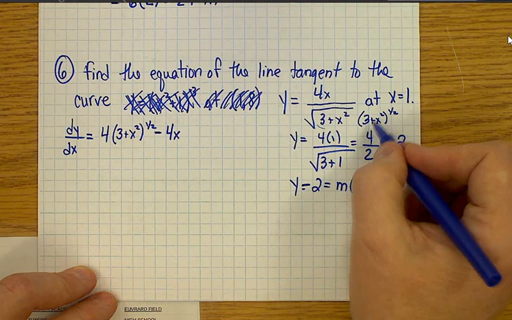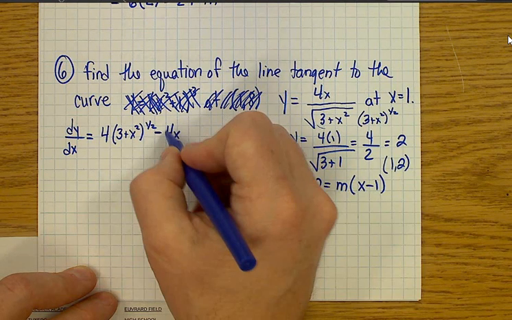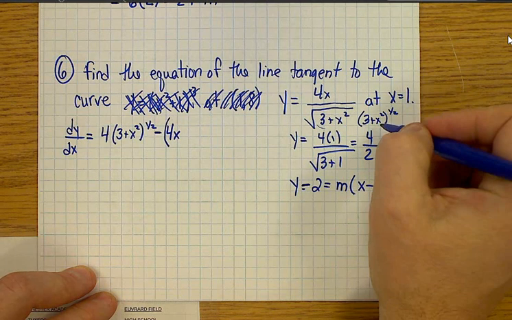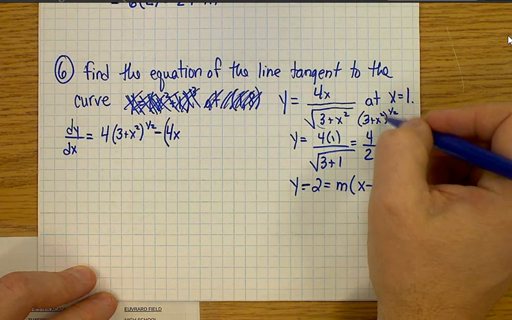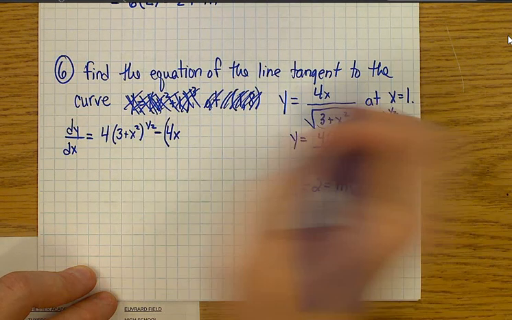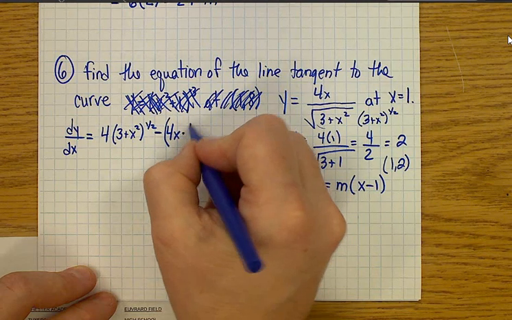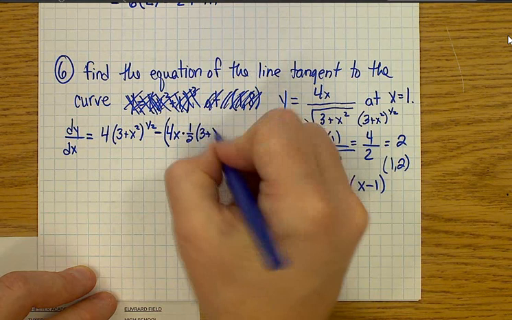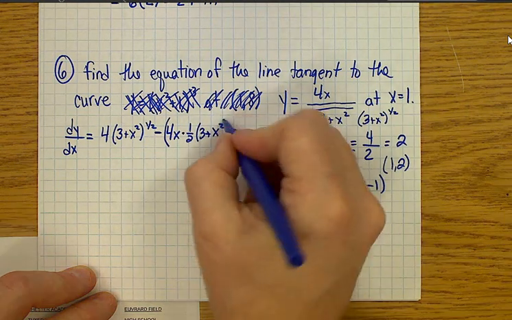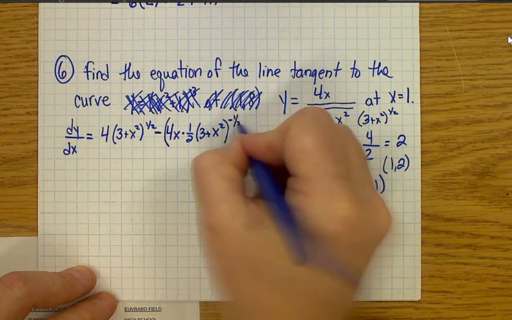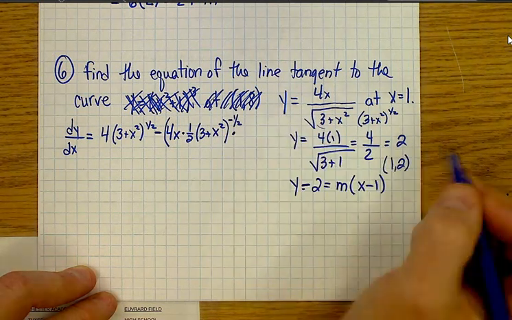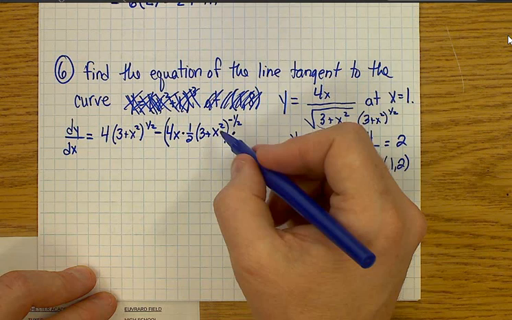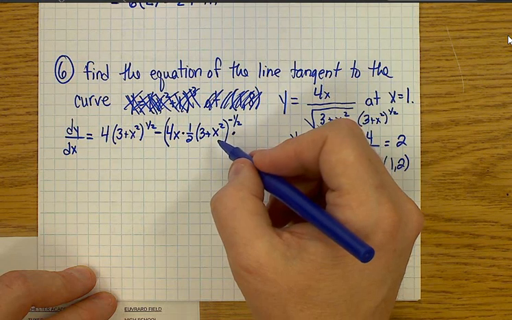This is where it becomes complicated. So it's minus, and I'm going to put a parenthesis around this whole thing. So the derivative of this, you start with the power, 1/2. The 3 plus x squared doesn't change. Power minus 1 is minus 1/2, and then that has to multiply the derivative of the inside piece.